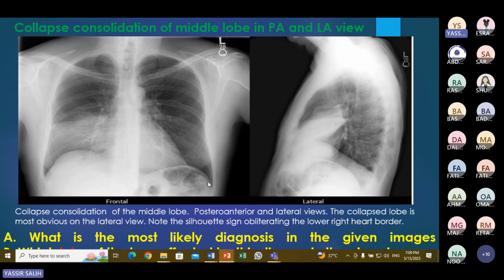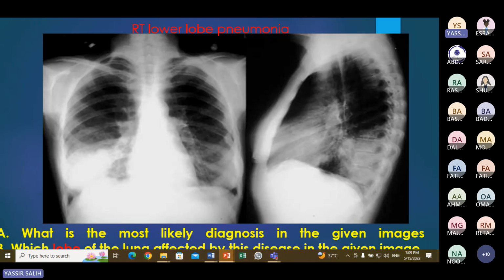Did you understand the normal? Let's go to the abnormal. On this left side, the left hemidiaphragm is continuous, sharp, not obliterated, clear. But on the other side, at this area, you are not able to see the diaphragm. Why? Because of this pathology, this consolidation, which obliterates or causes unsharpness of the diaphragm at this level.